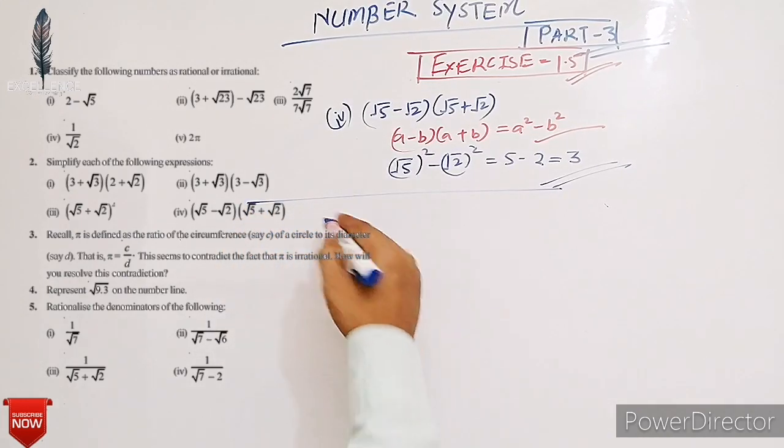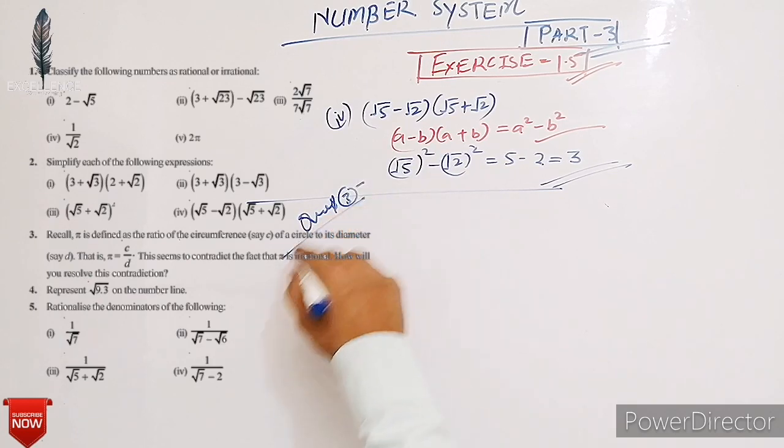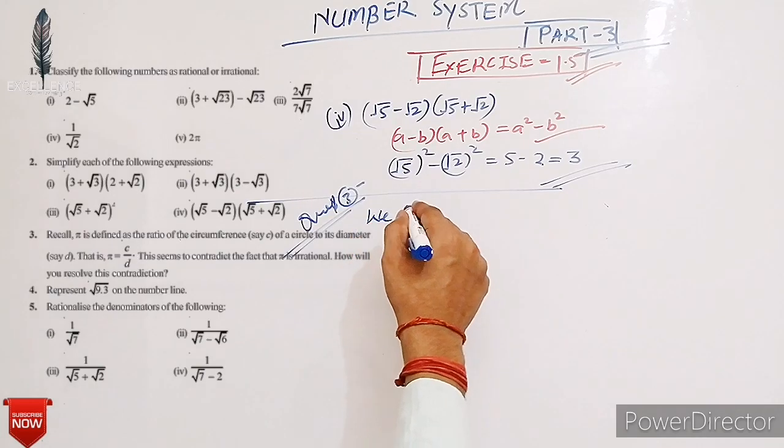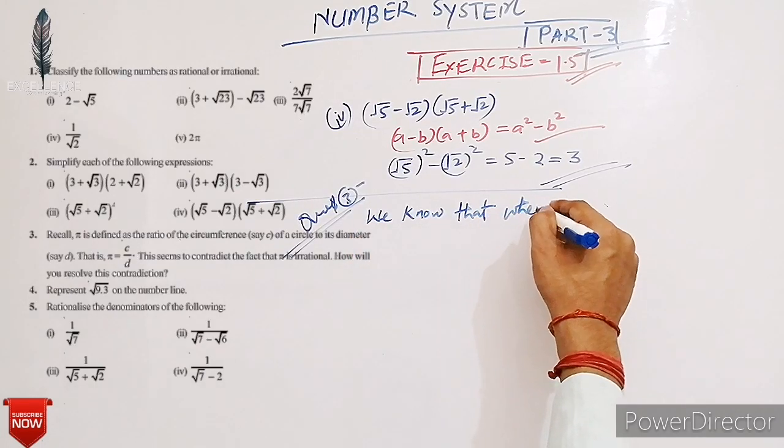Now question number 3. Recall pi is defined as the ratio of circumference of a circle to its diameter, that is pi is equal to c by d. This seems to contradict the fact that pi is irrational. Okay.